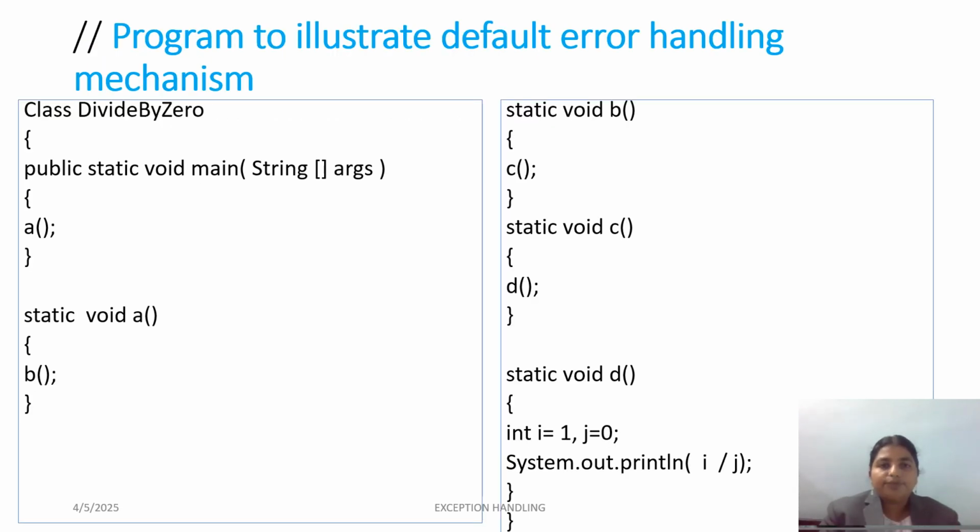Here is a program to illustrate the default error handling mechanism. A class named divide by 0 is defined.